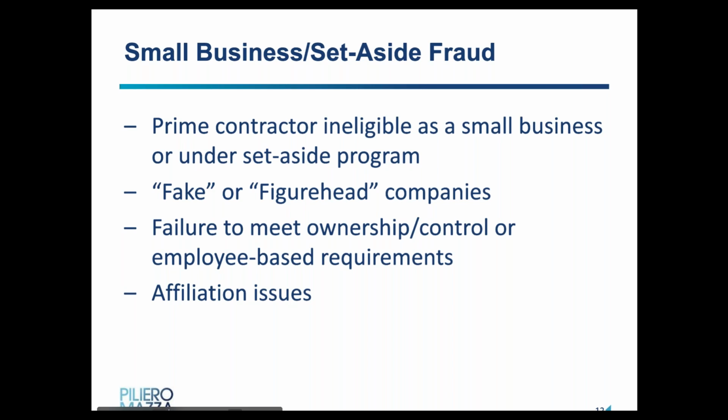And in addition to that, the damages portion is also presumed under the presumed loss rule. The damages are presumed to be 3 times the value of the contract, so the gross value of the contract multiplied by 3.